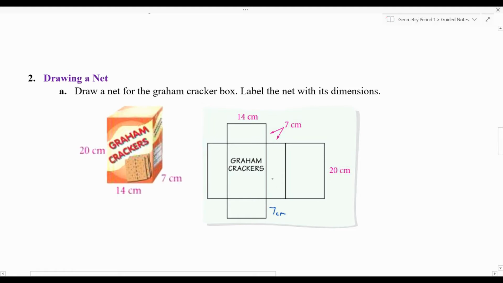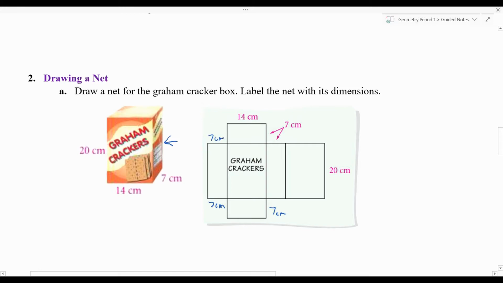This flap that goes on the side corresponds to this side right there. Let me make a better arrow than this. Much better. That side is also 7 centimeters because that's how deep it is. This side over here also is 7 centimeters. So we have 7 centimeters here. And this is 7 centimeters as well.